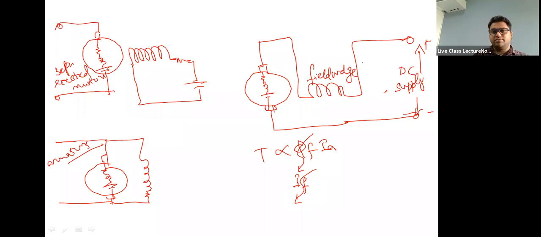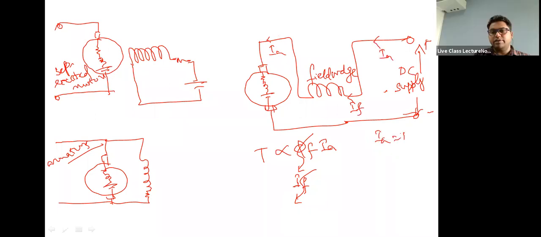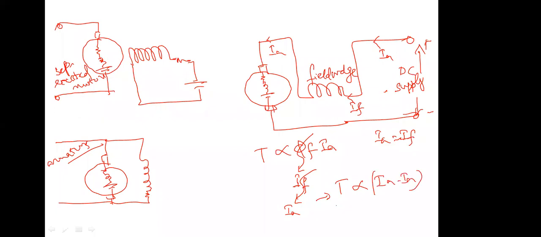The field current. See, this is the armature current, and this is the field current. So If is equal to Ia, the same current is flowing. So what it comes out as, the torque is proportional to Ia into Ia. That is, torque is proportional to Ia square.